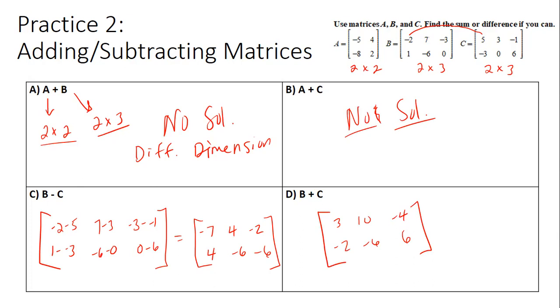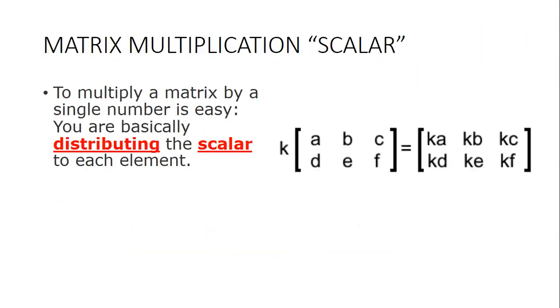We're gonna keep feeling great because practice 3 is even better. Here we go. So we're now at matrix multiplication with a scalar. As you can see, there are 2 blanks in your notes that you need to fill in. To multiply a matrix by a single number is easy. You are basically distributing the scalar to each element.